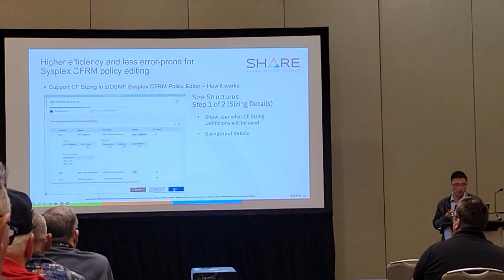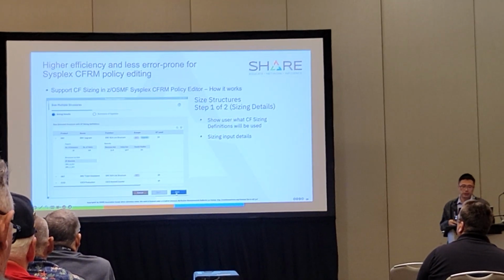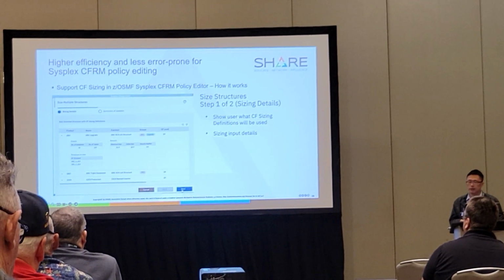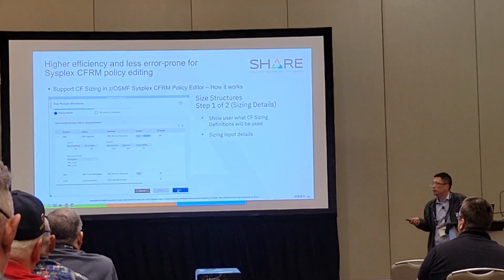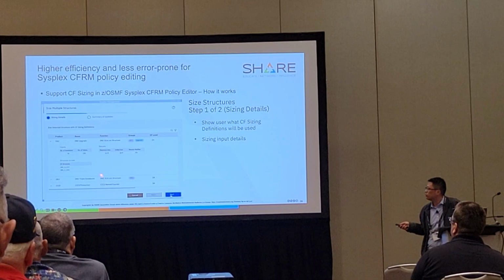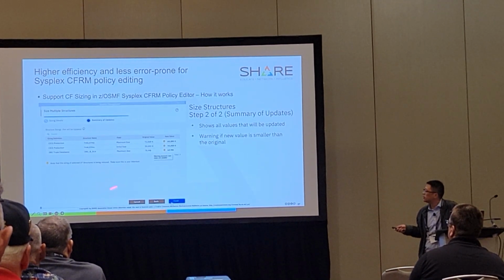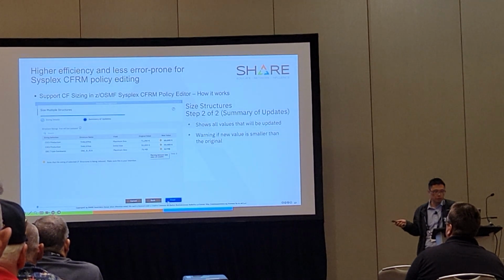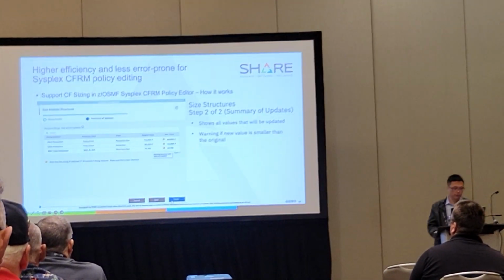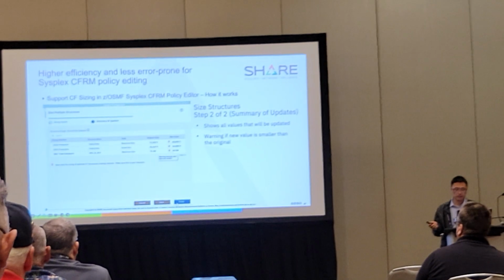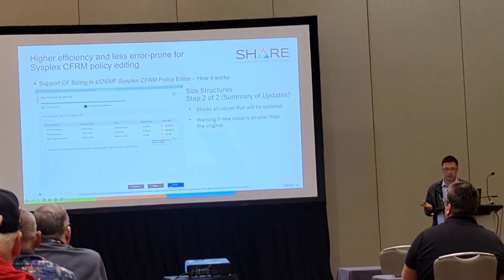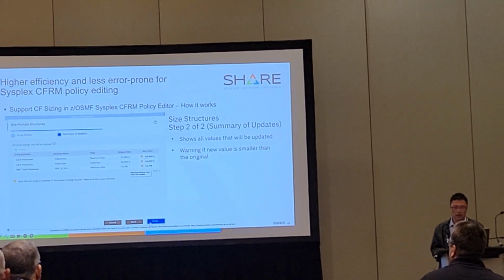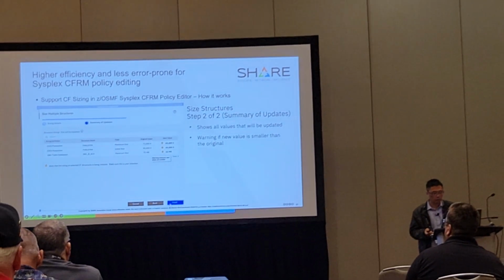That includes, firstly, how many sizing definitions, and what kind of sizing definitions, will be used for this size change action, and also the second panel shows you what exact sizing change will happen for each structure. If the target sizing is smaller than the original one, we will also show warning icons.